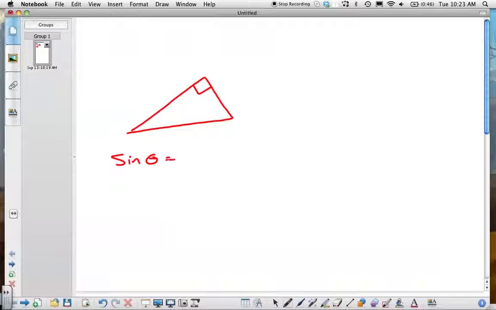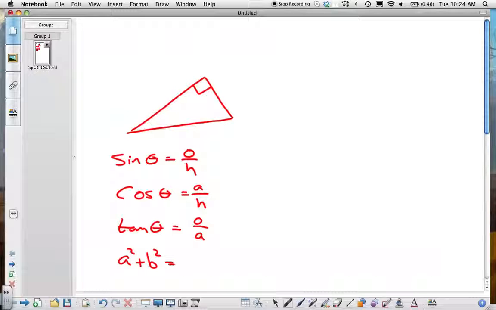Your sine of theta is equal to opposite over hypotenuse, cos of theta is equal to adjacent over hypotenuse, and tan of theta is equal to opposite over adjacent, plus your Pythagoras, that your a squared plus your b squared is equal to the hypotenuse squared, your c squared.